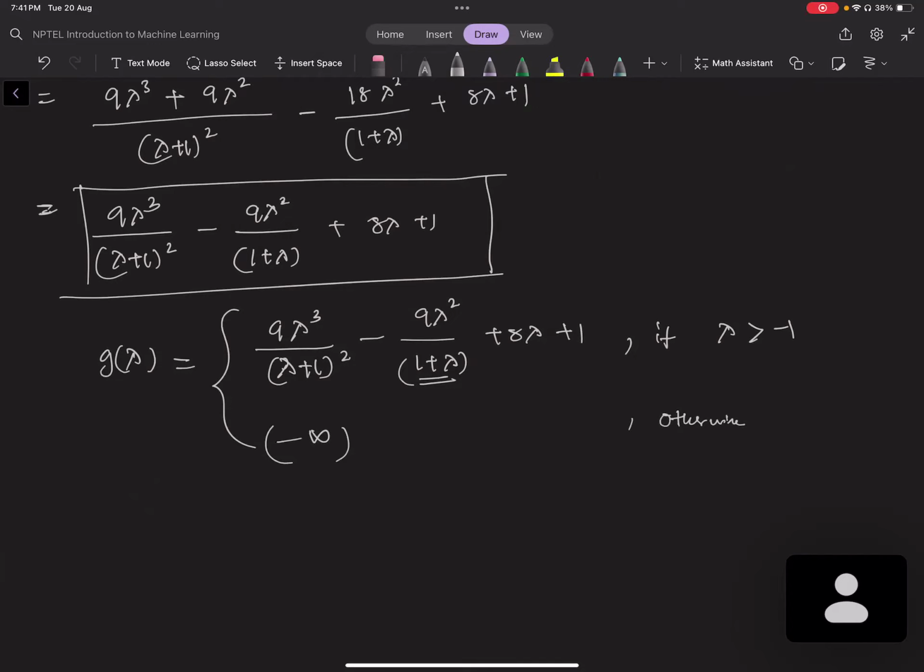And lambda less than or equal to 1 will mean that the function will have a minimum instead of a maximum, right?